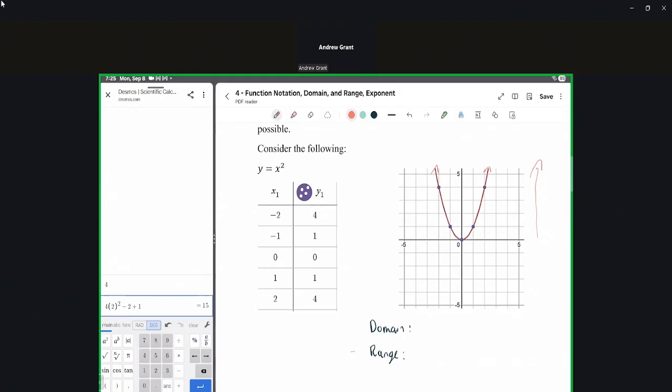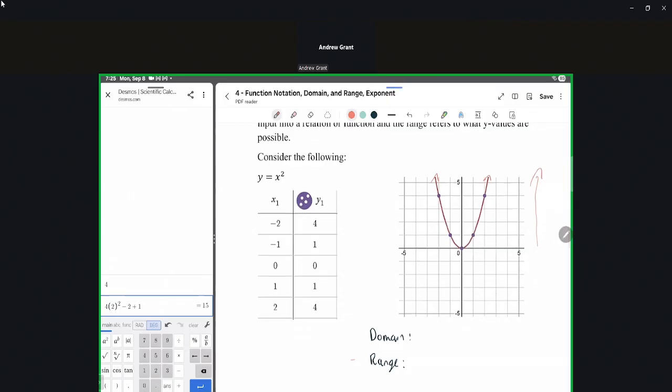So it seems like we can have all the positive values and 0. Can we get kind of low? Is it possible to have a y value down here at, say, -4? And the answer is no. This red curve only goes up.